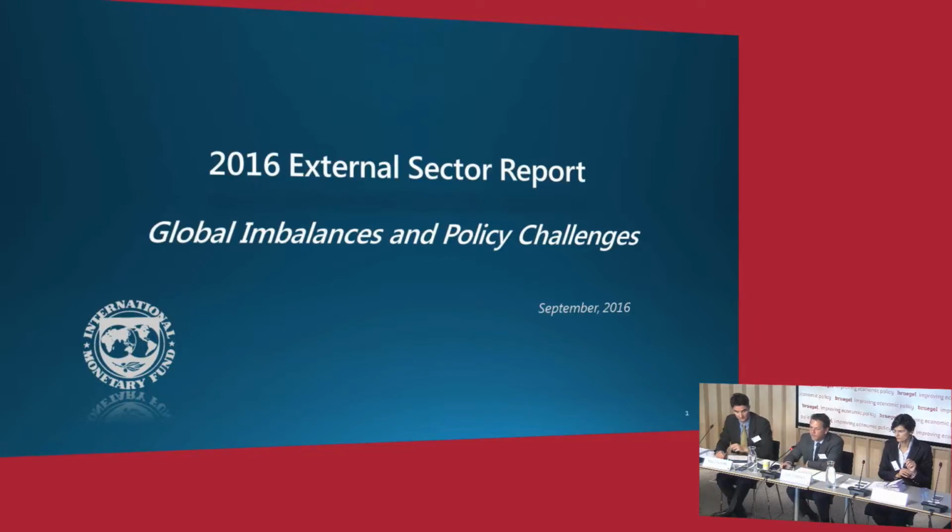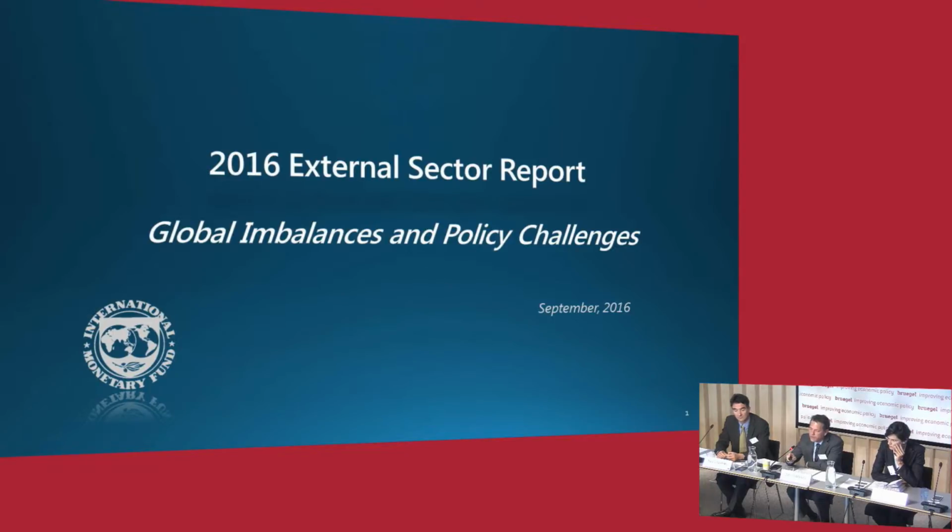discussing what happened. So what we see is that after narrowing in the aftermath of the global financial crisis, global flow imbalances remain broadly stable in the period of 11 through 14, and we have seen a moderate widening starting in 2015. So this is indicated by the chart. What we see is now global surpluses reached about 2.1% of global GDP, and what we call global deficits reached about 1.8% of GDP.